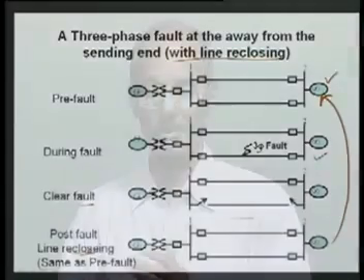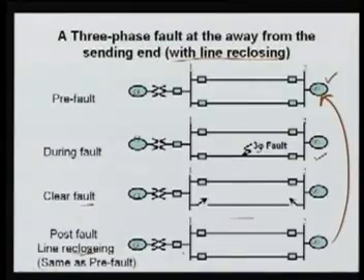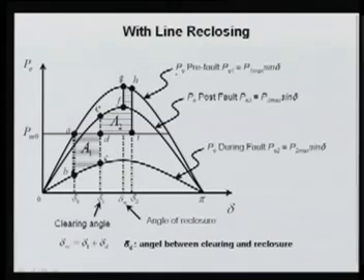So now what will be the scenario? To see this, again we have three categories. Here your pre-fault and your post-fault with the line reclosing have the same impedance, so the same curve, and that curve is written as the PE of pre-fault.